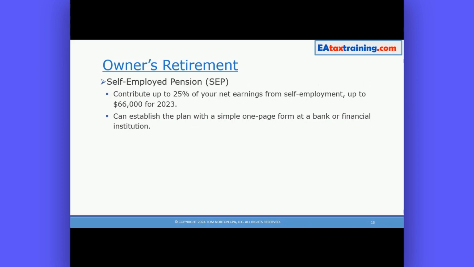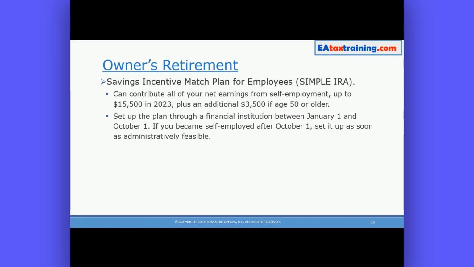You can establish the plan. It's a simple one-page form that you can do at a bank or financial institution. So it really is a simple way to set up retirement. And $66,000 a year, or 25% of your earnings from self-employment, is a good amount to be able to put away for retirement. So it is a good option for a sole proprietor.